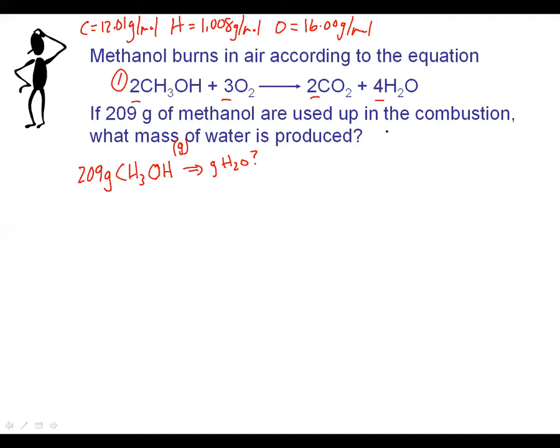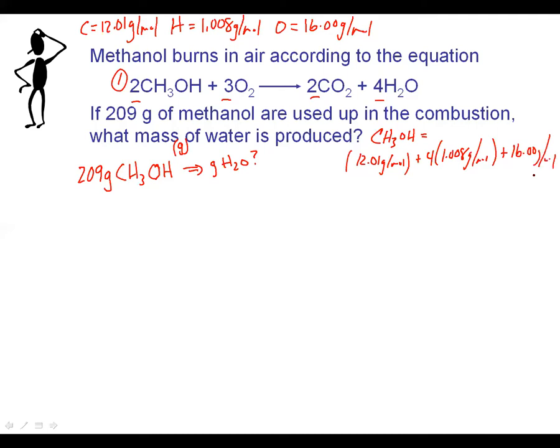In order to do that, we will need to go to the periodic table here and basically add up everything to get our molar mass. So 12.01 for our carbon. We have 4 hydrogens at 1.008. And we have an oxygen at 16 grams per mole.